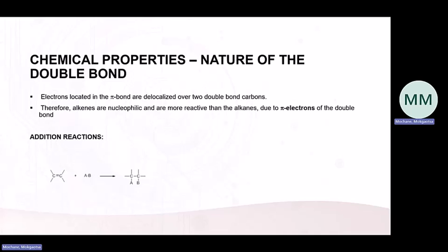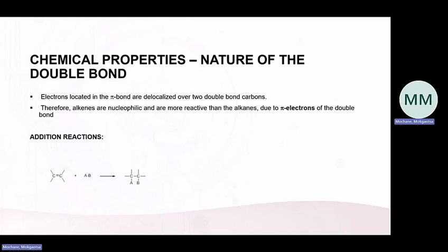But in this type of hydrocarbon called the alkenes, we are dealing with addition reactions. You are adding something into the alkenes. In the process, you are breaking up that double bond.